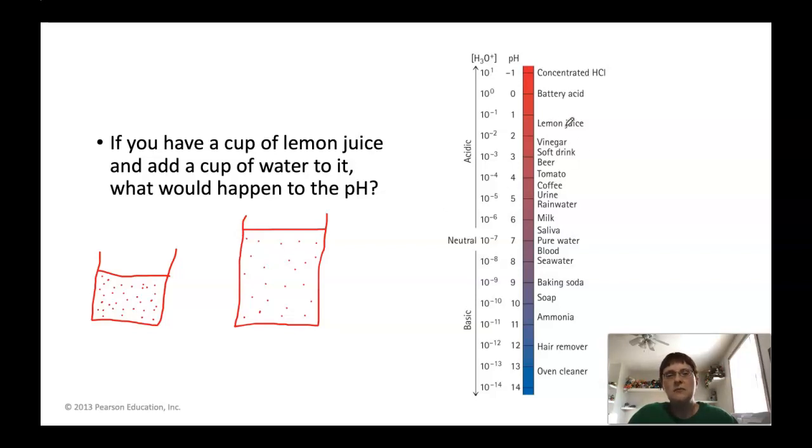I know that sounds weird, but as you decrease the number of hydrogen ions, the pH increases. Okay, so you can see here, the more hydrogen ions you have, the more acidic you get. The more hydroxide ions, the more basic you get. Okay.